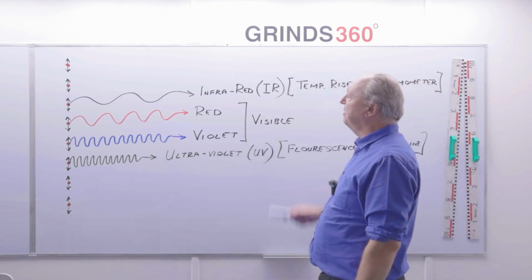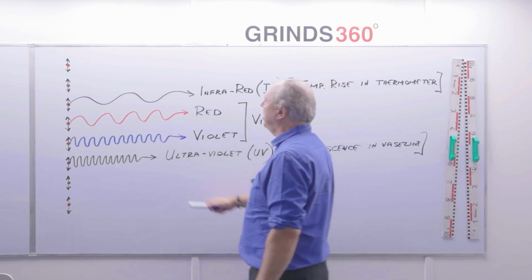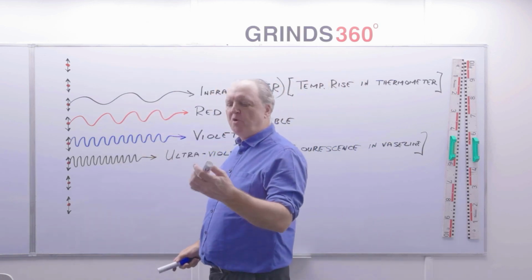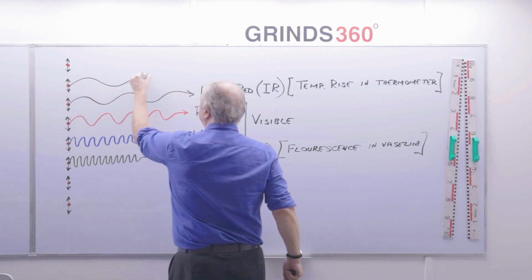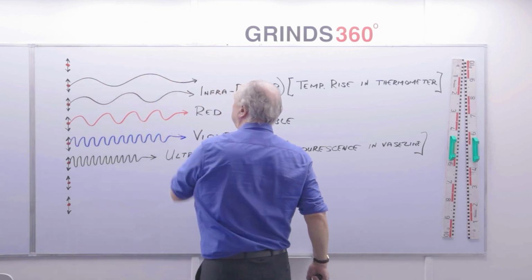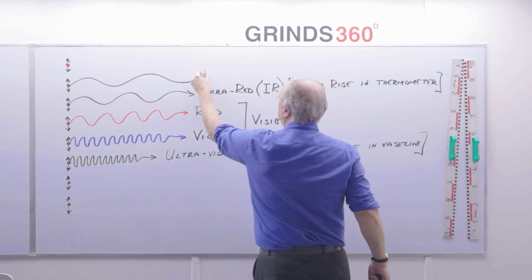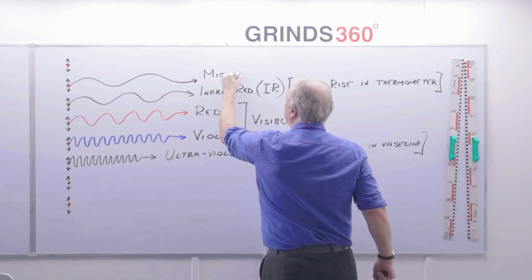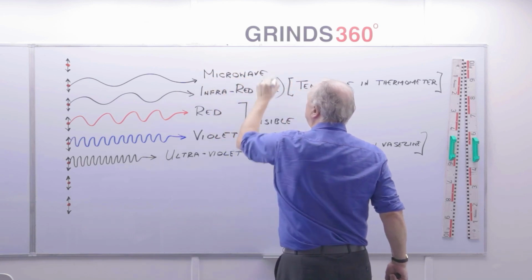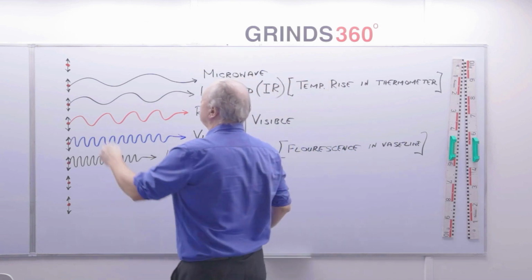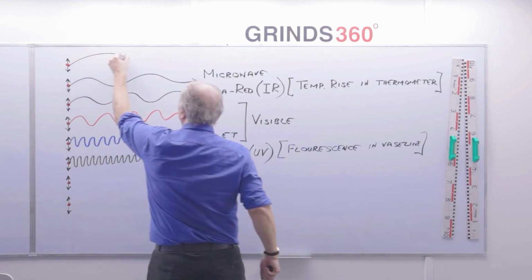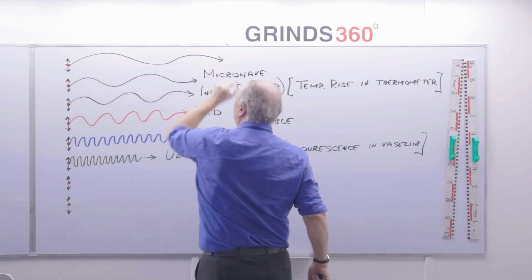Let's go back up here. Let's say my electron vibrates even more slowly. So we get a wave now that looks something like this. We call that microwave radiation. That's used a lot in telecommunications. And then if it vibrates even more slowly again, you're going to get these very long wavelengths that we talked about before.